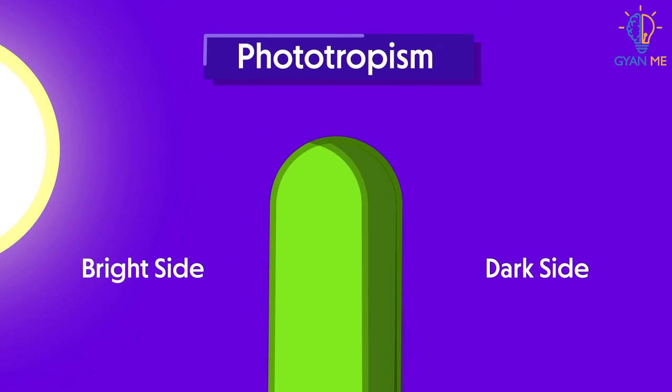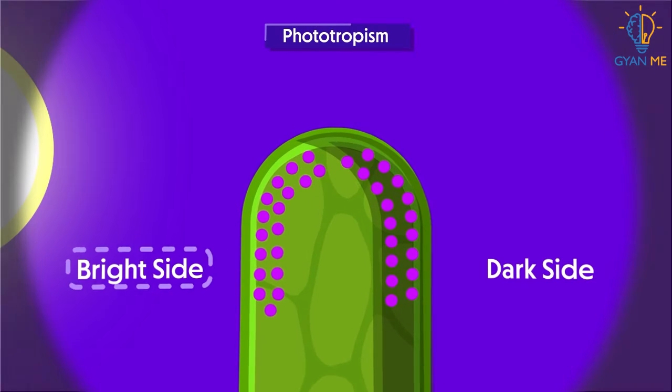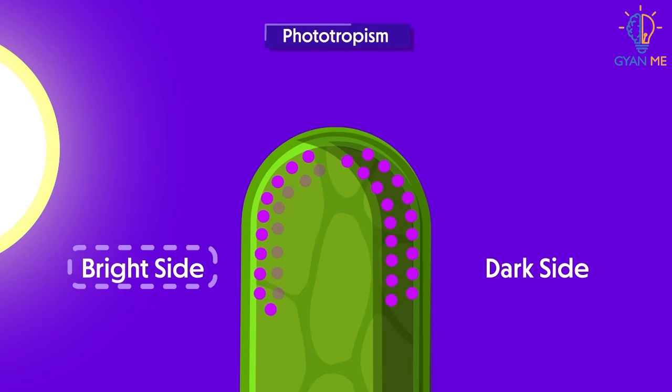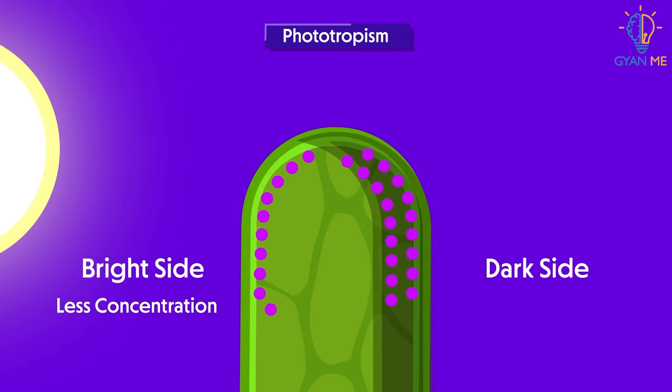The light hits on one side of stem more, and this breaks down the auxin more on this side, while auxin on the dark side does not get broken down and gets accumulated on the darker side of the stem, as breaking of auxin is less on this side. So its concentration is less on the side where light is falling, while its concentration is more on the side where it is dark. And as we know, auxin is a growth promoter.